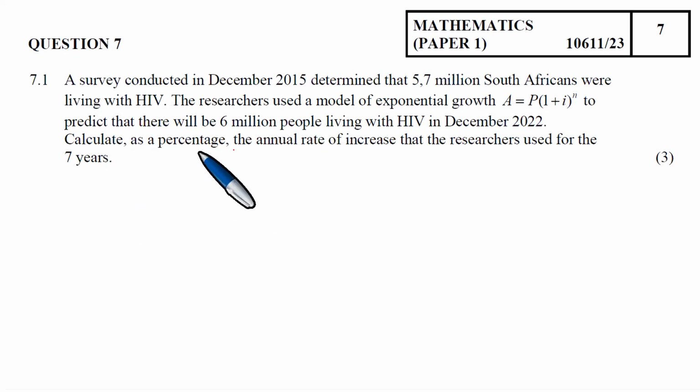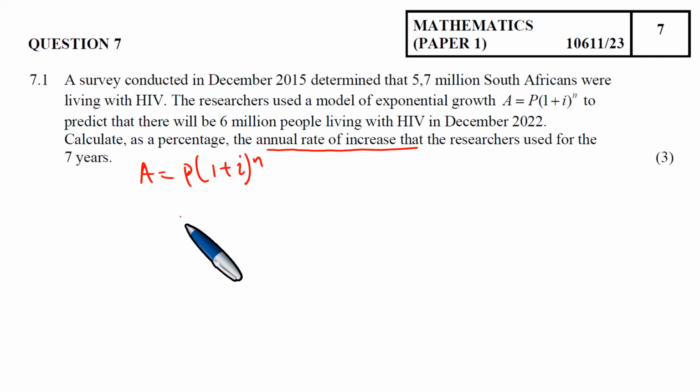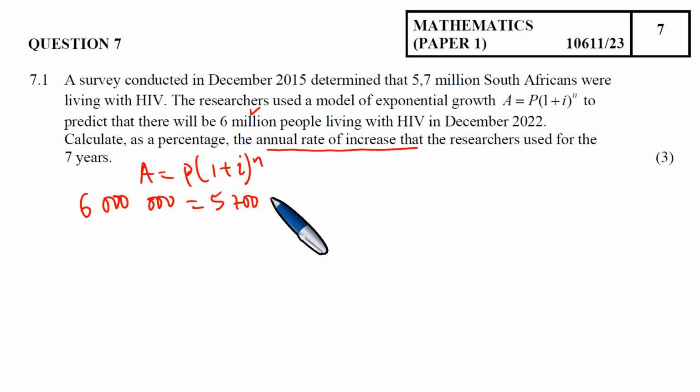Right, we are looking at the annual rate of increase, so we use the formula with the plus for compound interest: 1 plus i to the power n. They are predicting that in 2022 there will be 6 million people, so you have 6 with 3 zeros and another 3 zeros. In 2015 the figure was 5,700,000, which is 5.7 million.